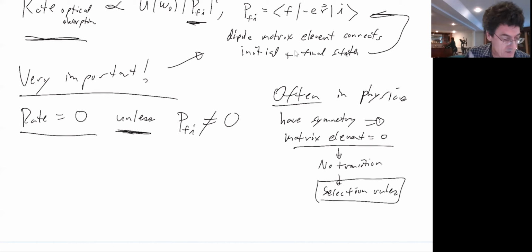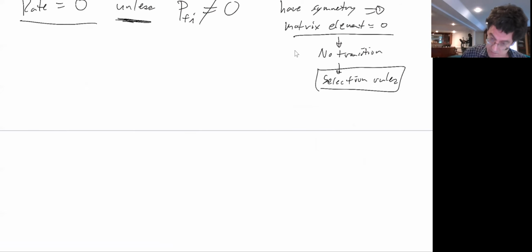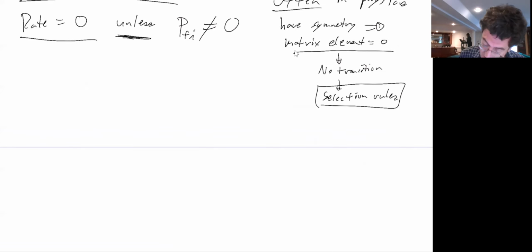And so it looks like I don't have time to derive all this stuff, but I'll just sort of set it up and then we'll stop. The idea is basically, let's consider atoms.